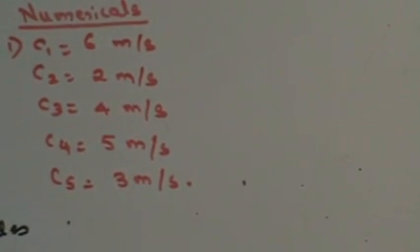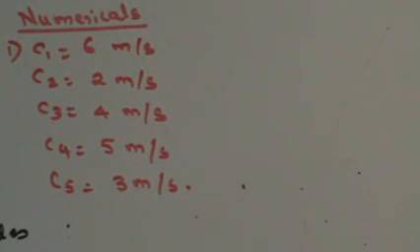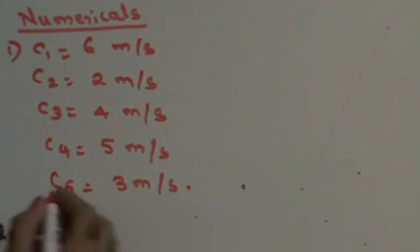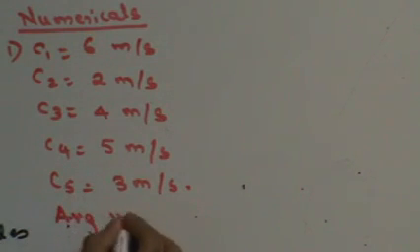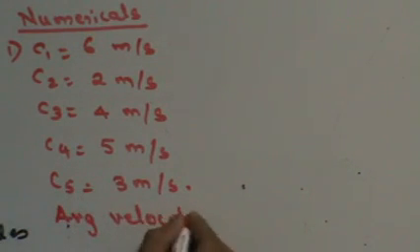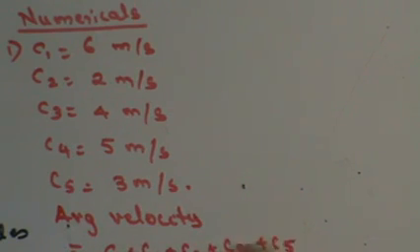Now, let's see this. First let's find out the average velocity. Average velocity C bar is nothing but C1 plus C2 plus C3 plus C4 plus C5 upon 5.